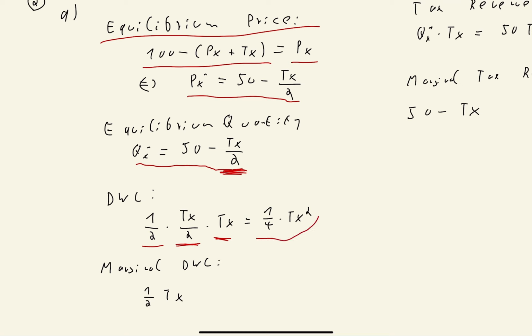What we end up with is a deadweight loss of 1/4 times Tx to the power of 2. And since we will need it later, we can derive it already here, even though it was not part of the question. The marginal deadweight loss is then simply the derivative of the deadweight loss with respect to the tax, and it's equal to 1/2 times Tx.